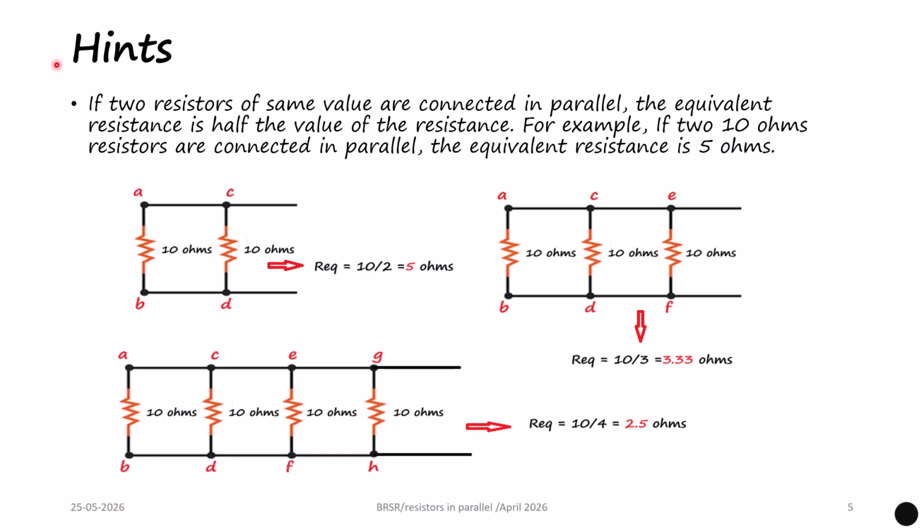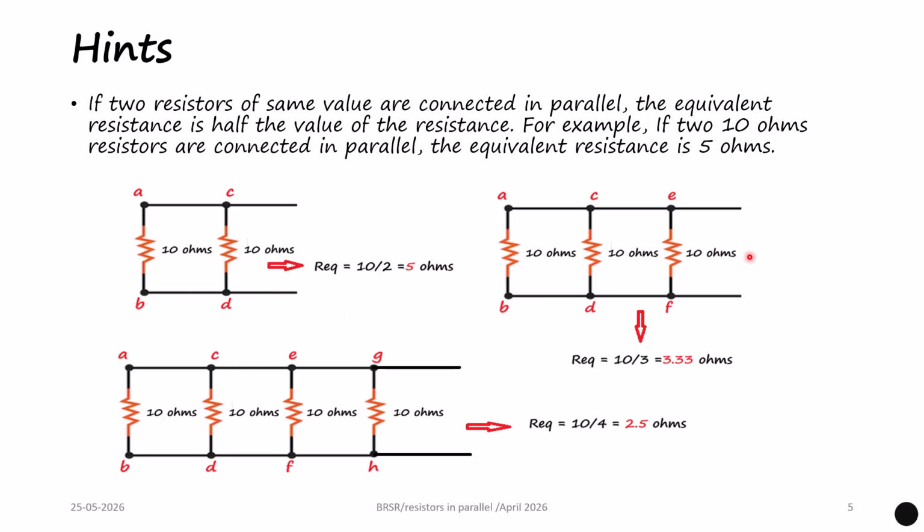A few hints worth noting when resistors are connected in parallel: if two resistors of the same value are connected in parallel, the equivalent resistance is half the value of the resistance. For example, if two 10 ohm resistors are connected in parallel, then the equivalent resistance is 5 ohms, half of the individual value.